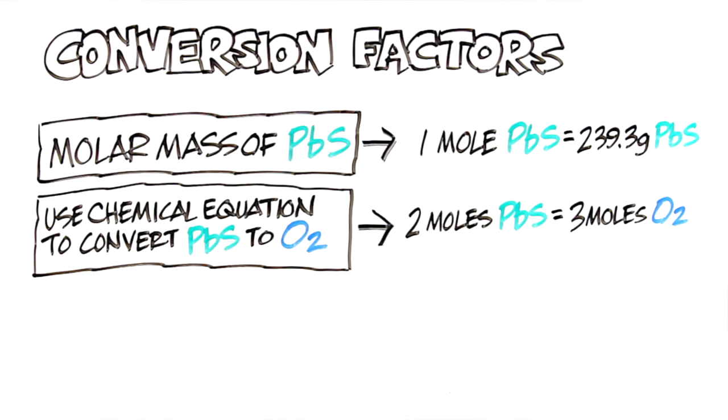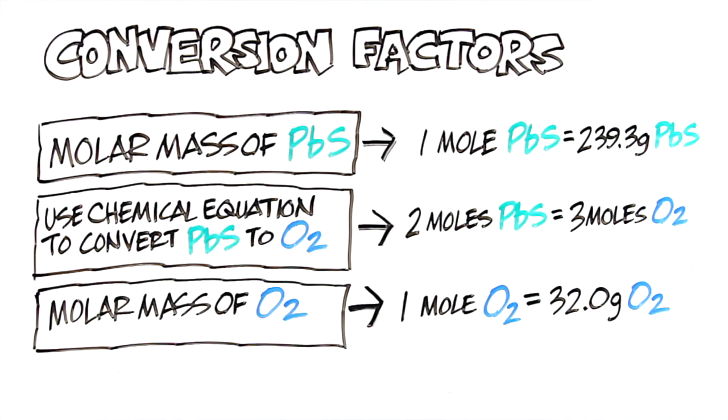The equation that we solved for in part A told us that for every 2 moles of PbS we need 3 moles of O2 in order to make 2 moles of lead-2 oxide. So our conversion factor is 2 moles of PbS is equal to 3 moles of O2. 3, how many grams of O2 are in 1 mole of O2? This is just like the first conversion factor. 1 mole of oxygen gas is equal to 32.0 grams of oxygen gas.